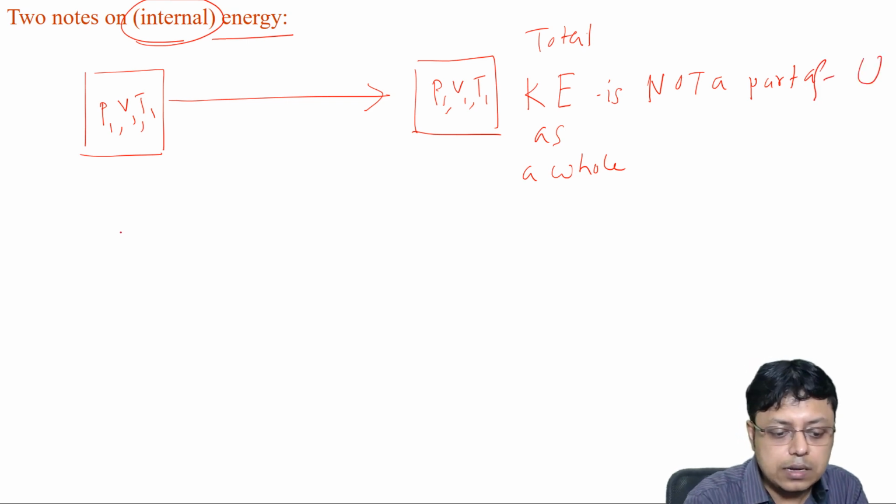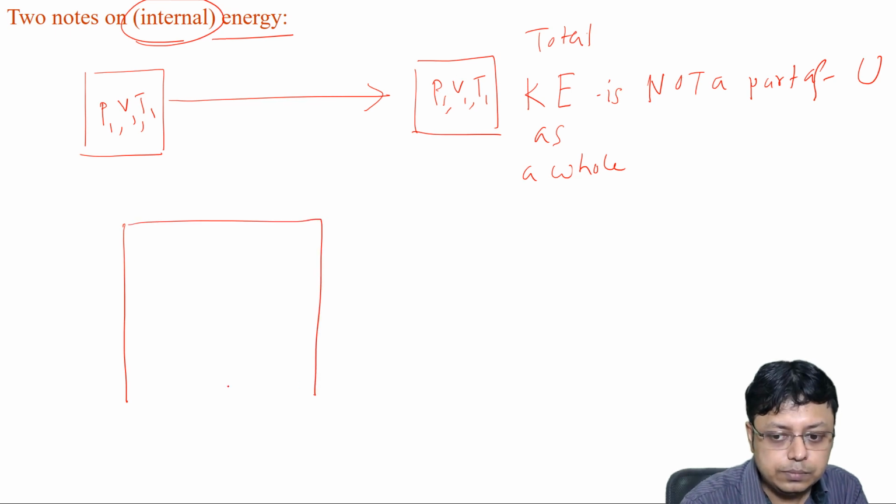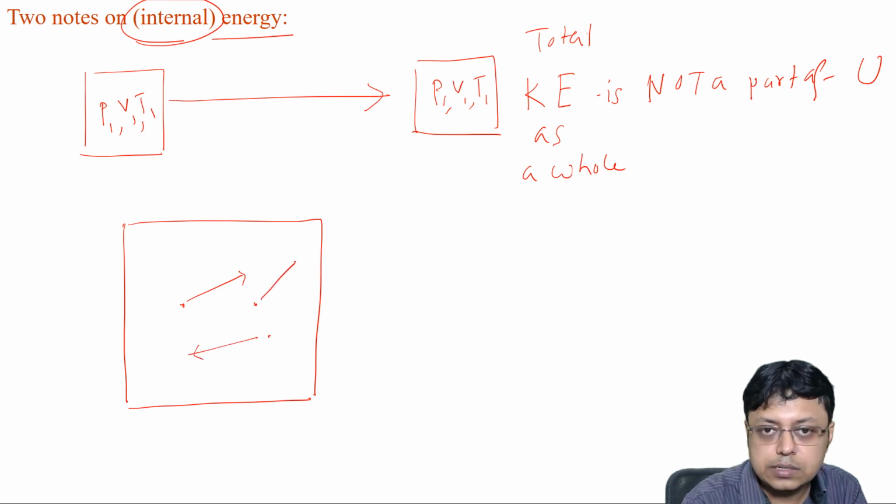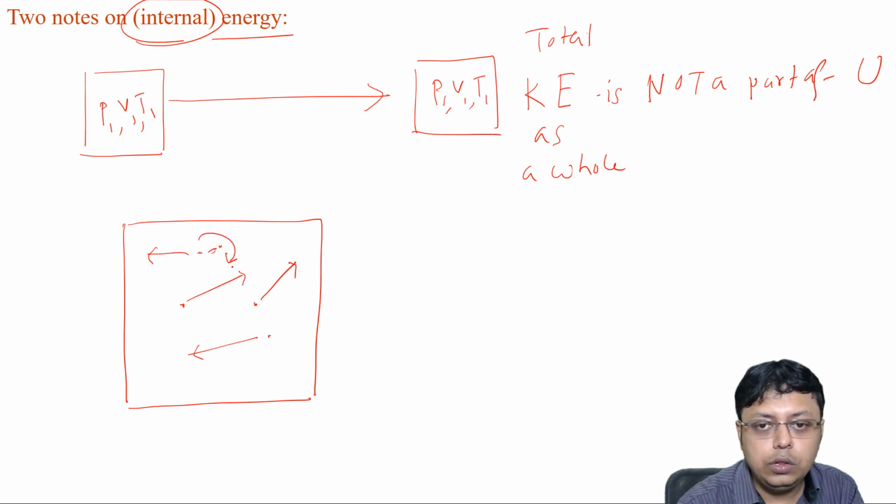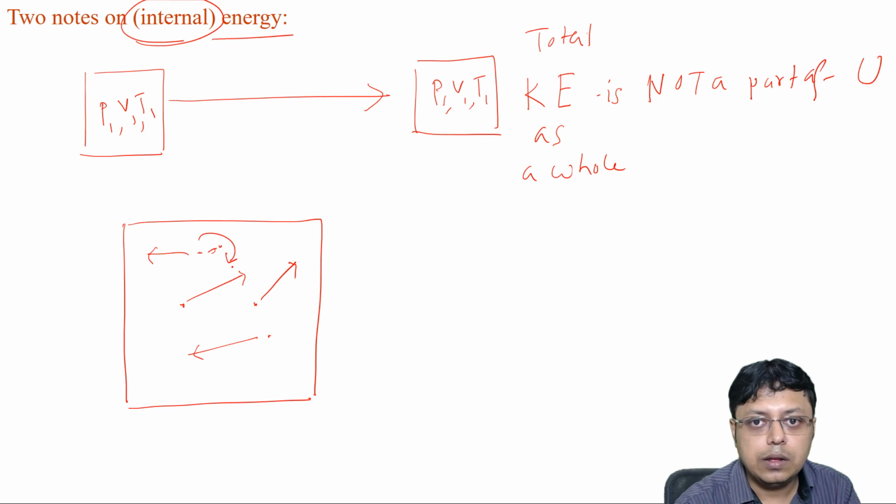So by internal energy we mean when the molecules or the atoms, whichever the system is composed of, are moving around and vibrating and rotating.